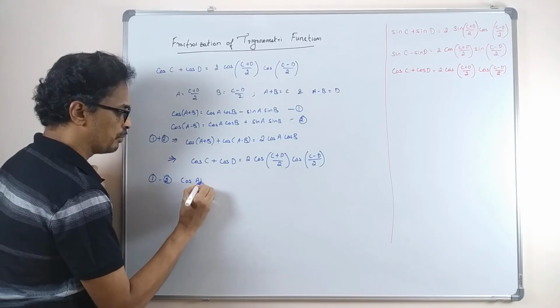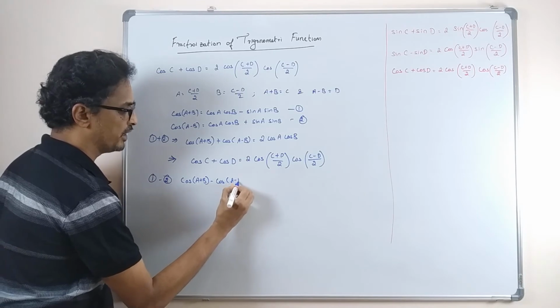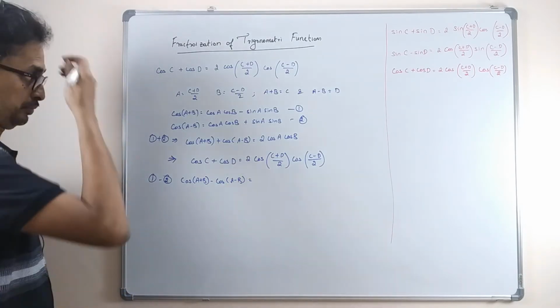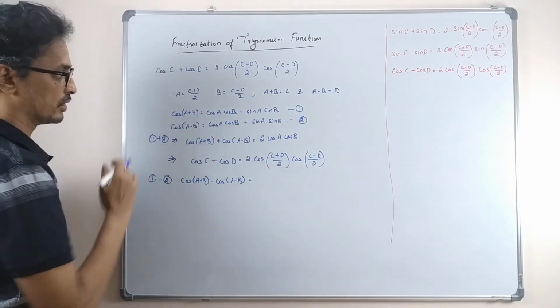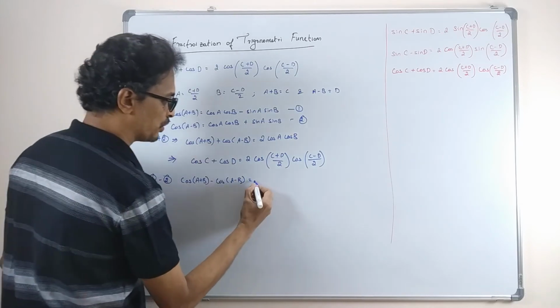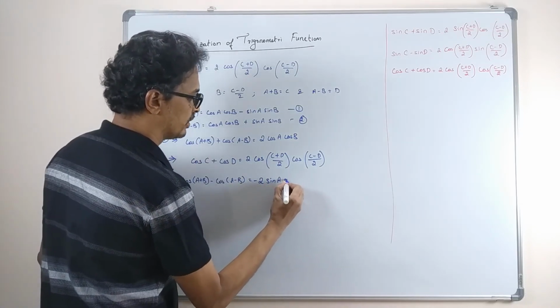Cos(A plus B) minus cos(A minus B) will be equal to minus 2 times sin A sin B, because the minus will come.